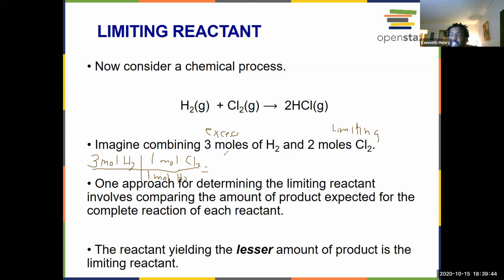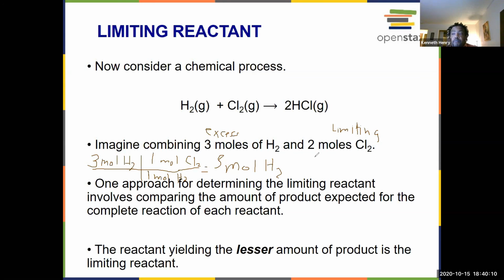So that means I'm going to need 3 moles of chlorine to react with all of the hydrogen. But I only have 2 moles. So that just confirms that, guess what? Chlorine is limiting. I'm never going to use up all 3 moles of the hydrogen gas, right?